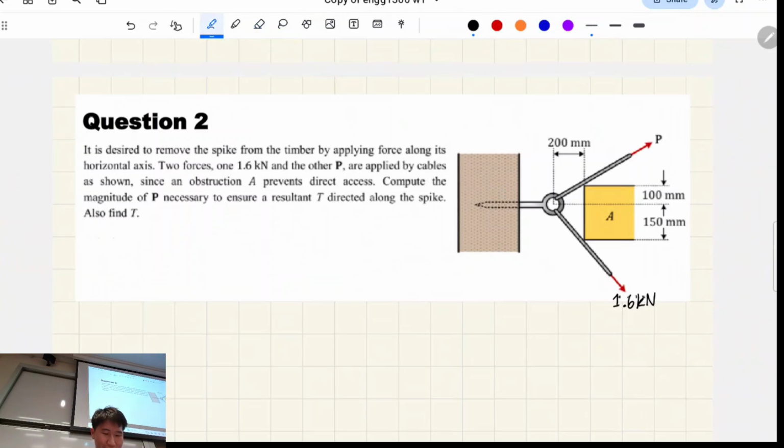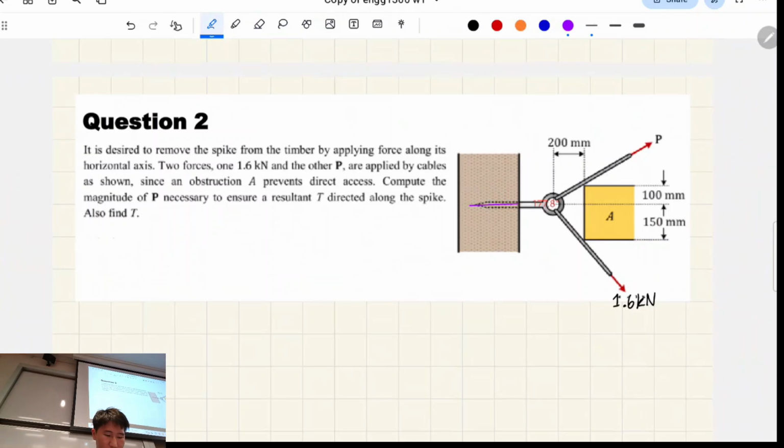So what's happening is there's some unknown force P pulling, a tension force acting up and right, and then there's a known tension force acting down and right. But also there's this weird obstruction here, which is called the block A. And the idea is this barely doesn't obstruct it. So that's going to help us find the angle for these forces.